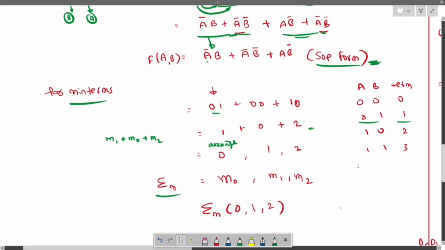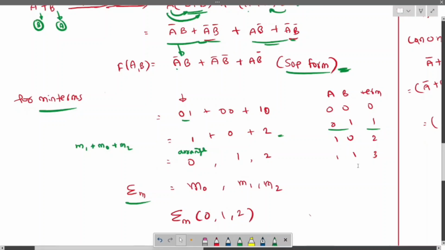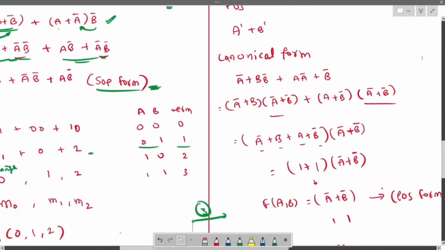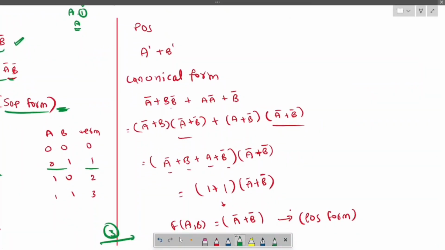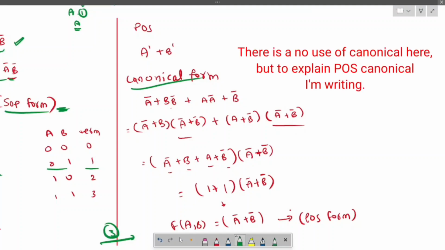Now in the same way, here the terms present are 0 1 2, and the leftover is 3. We need to get this in the POS. Okay, now let us see the POS: a bar plus b bar. For the canonical form here, we need to sum with b times b bar.